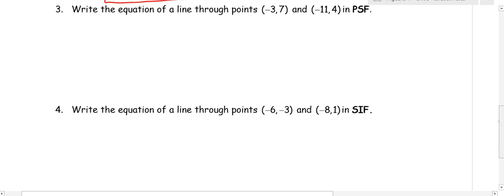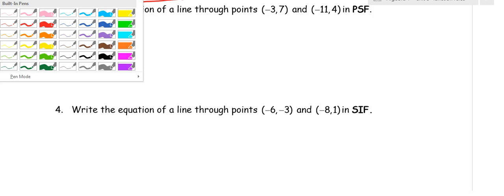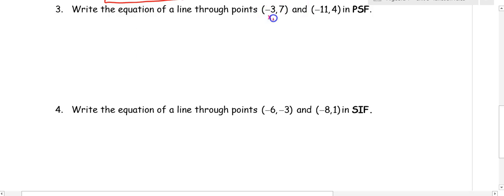Now in number 3, it says write the equation of the line through the points -3, 7 and through -11, 4 in point slope form. Now the problem is that we don't have a slope yet, so we're going to use our points to find the slope. So I'm going to call this x1, y1 because those were first, x2, y2. So remember to do slope, you can either create your own table or you can use the slope equation, y2 minus y1 over x2 minus x1.